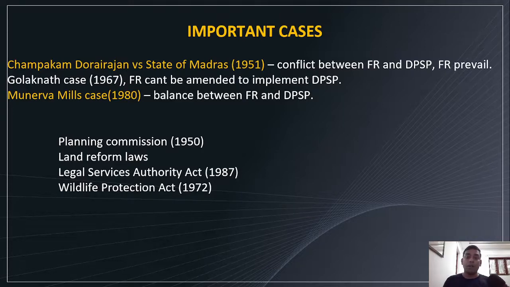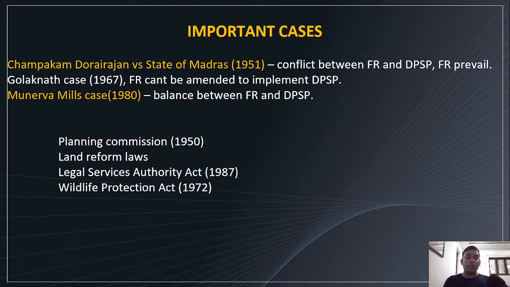Before that, most of the lands were in the hands of zamindars. After land reforms came into effect, the deprived people of India got at least the minimum land to live in and have a livelihood.